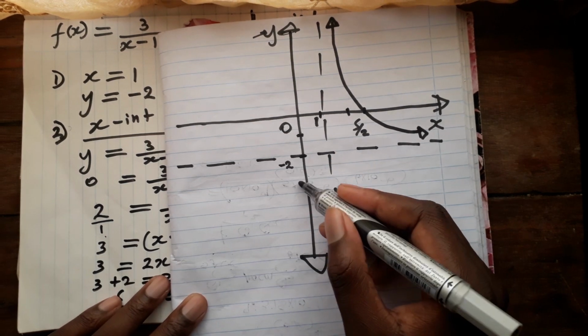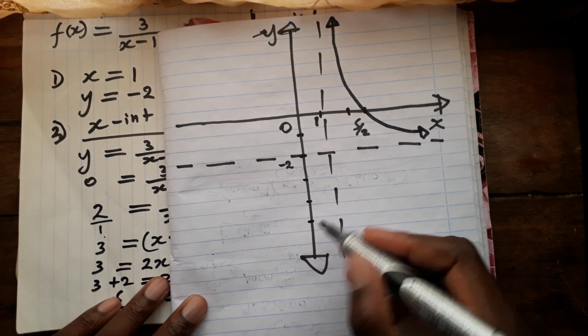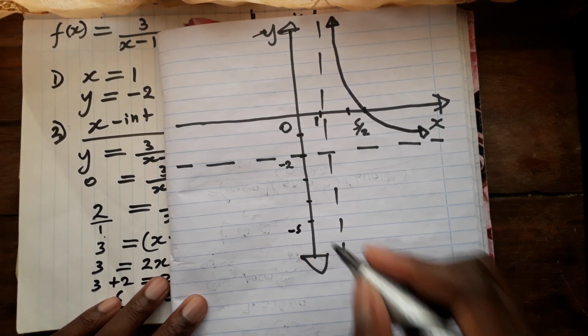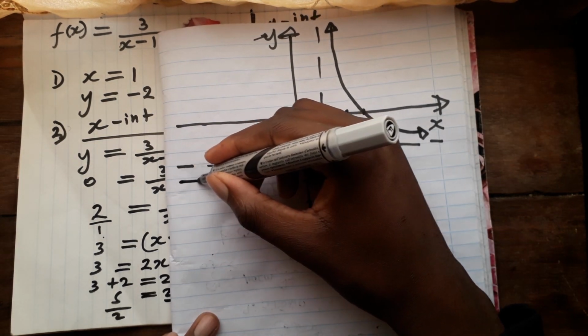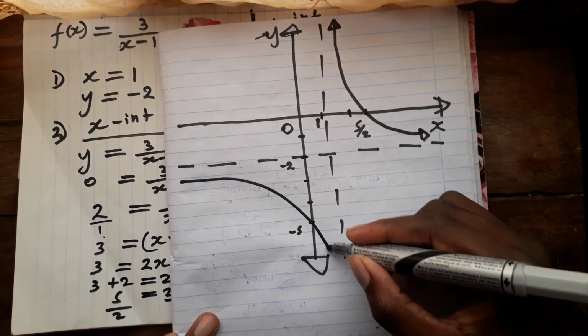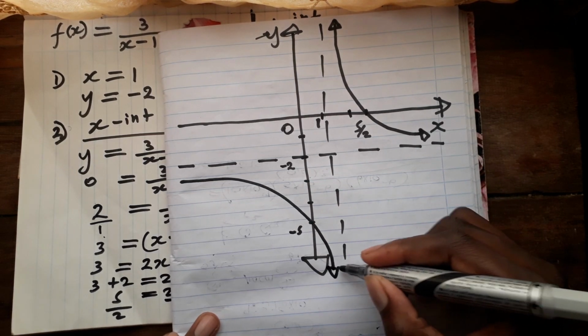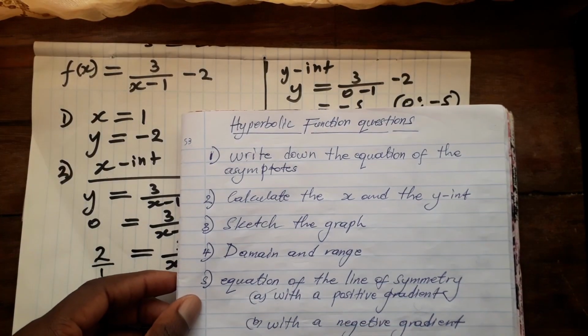This is -2, -3, -4, -5, somewhere here. And then let's sketch the graph. It's going to go like this, and continue like that. So this is our graph.